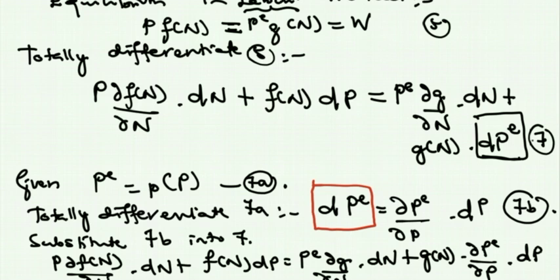Okay? So let's call this one 7C. Alright, now we want to simplify the expression here. Let's assume expected price equals to actual price equals to 1. That makes our life easier.